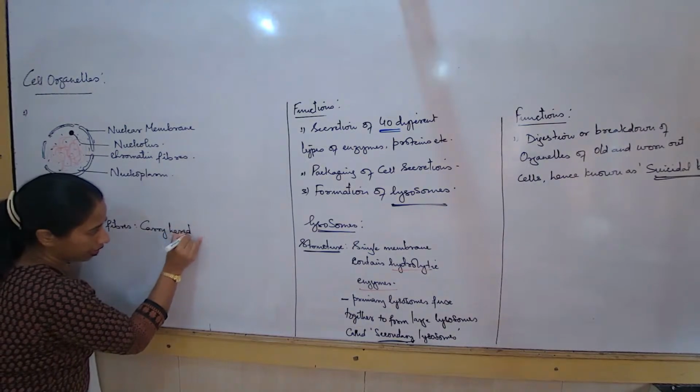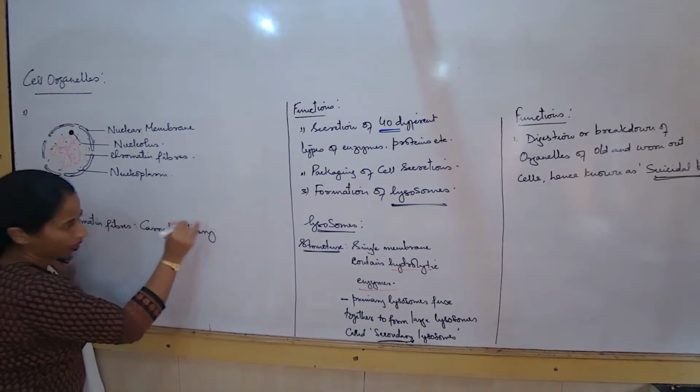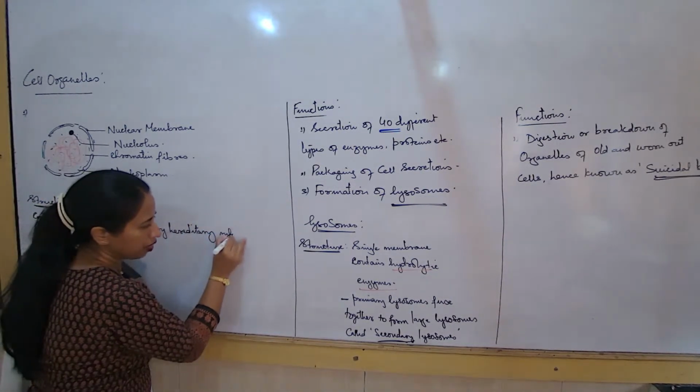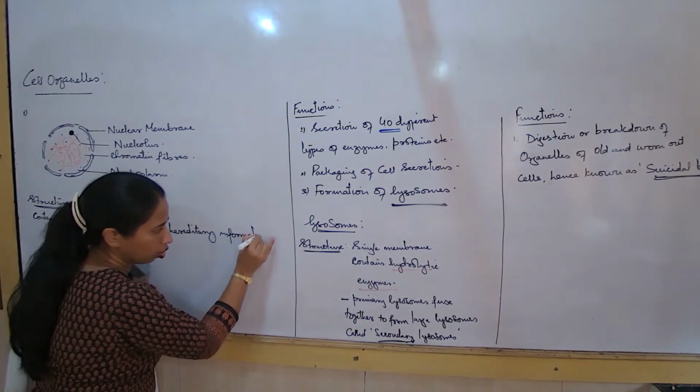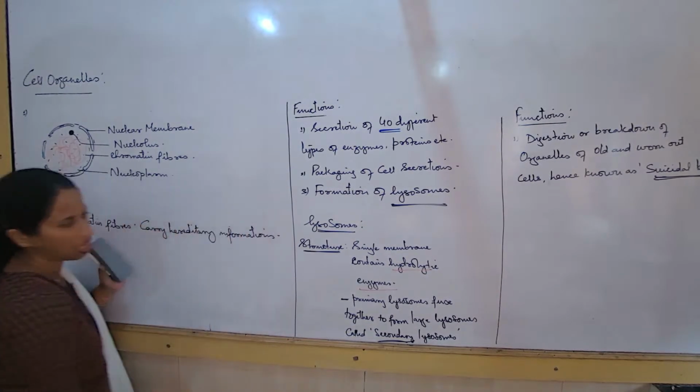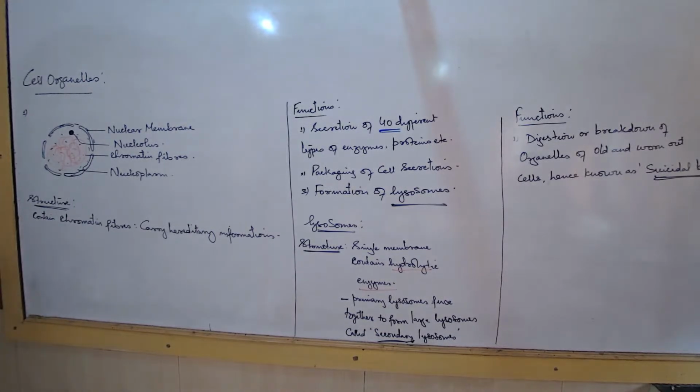They are nothing but fine, long, thread-like structures, and they are always known to carry the hereditary information.